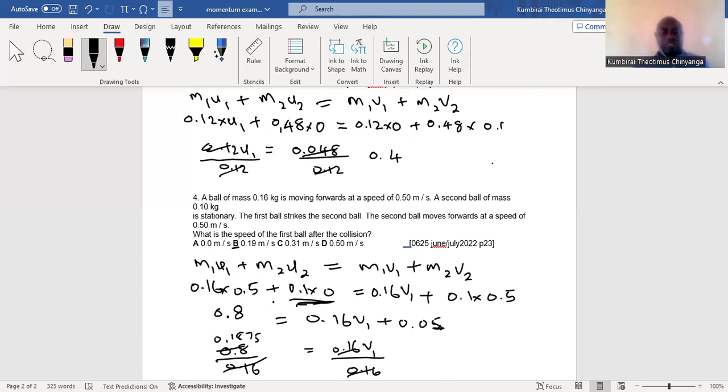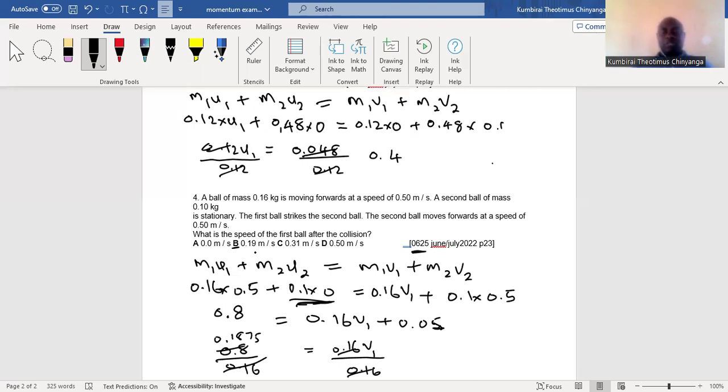They are very important in solving problems relating to momentum. All these problems were taken from IGCSE physics. The syllabus concerned is 0625. They were taken from the Cambridge examinations papers.